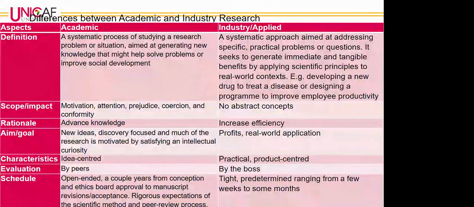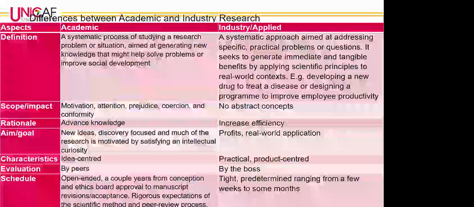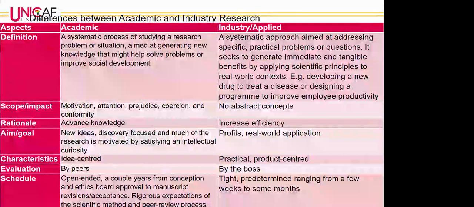Now, in terms of characteristics, the academic one is idea-centered, while the operational one, the applied, the industry, is practical, is product-centered. In terms of evaluation, the academic one, you are evaluated by your peers in the field. I'll explain these later. Whereas for the other one, you're evaluated by your supervisors. In terms of time frames, the academic one takes long.